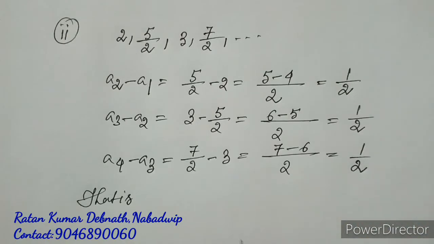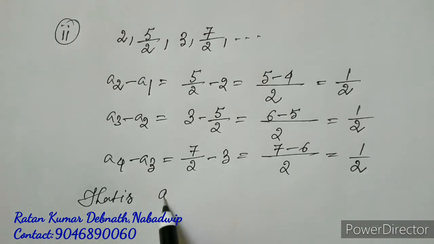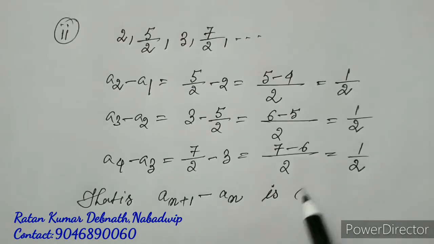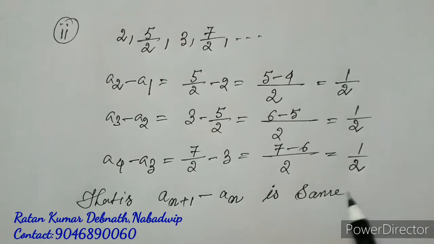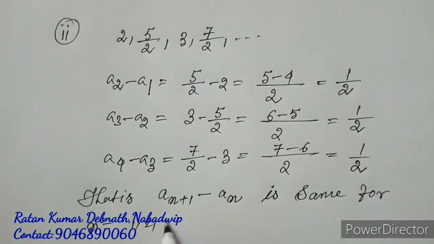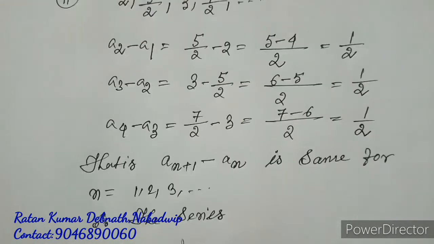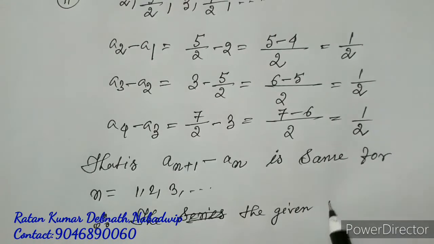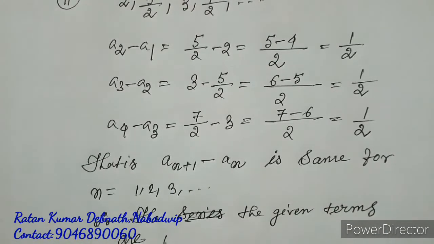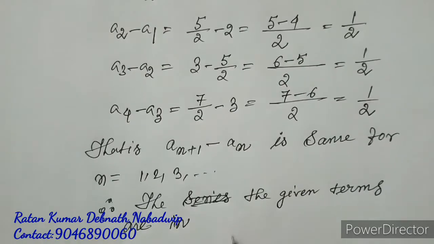In that case, we say a(n+1) minus a(n) is the same for n equals 1, 2, 3, etc. Therefore, the given terms are in AP.